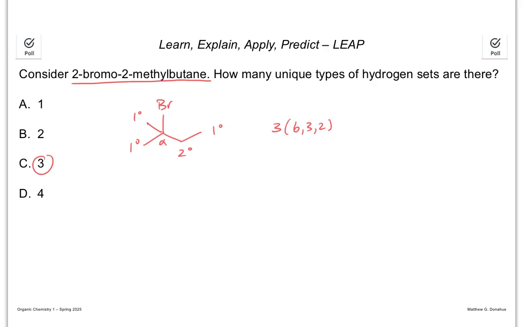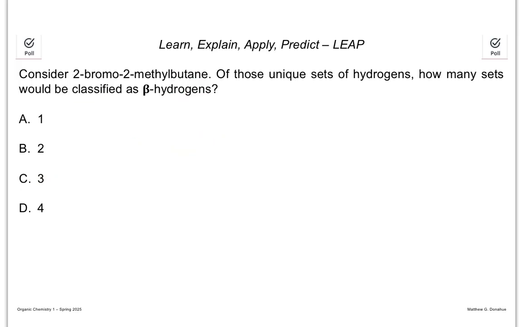Remember now, since we're only dealing with beta hydrogens, the 6 and the 2 are the only ones that we have to consider. Those primaries that integrate to 3 at the end of the chain won't matter. Of the 3 sets, we'll call those beta and that beta prime.